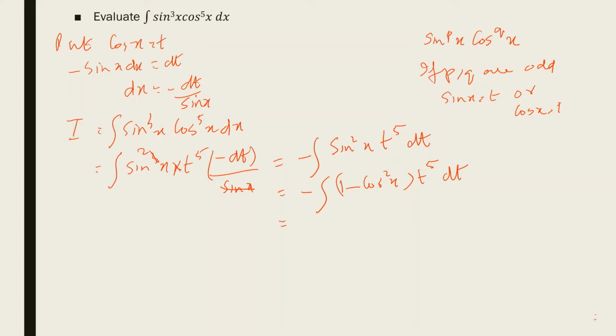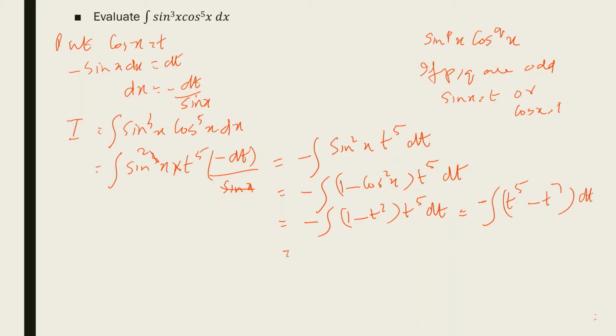This is equal to integral, what is cos x? Cos x is t. So 1 minus t square into t raised to 5 dt. And this is equal to integral minus 1 into t raised to 5 is t raised to 5, then t raised to 5 into t raised to 2 is t raised to 7 dt.